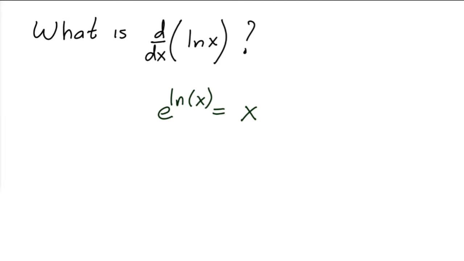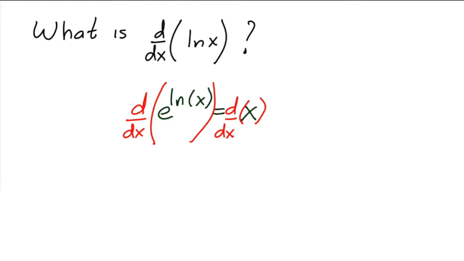So now take a look at this. If I get the derivative of both sides, the derivative of the left side and the derivative of the right side, well, notice that on this side, we would have to use the chain rule because we have a function of another function.